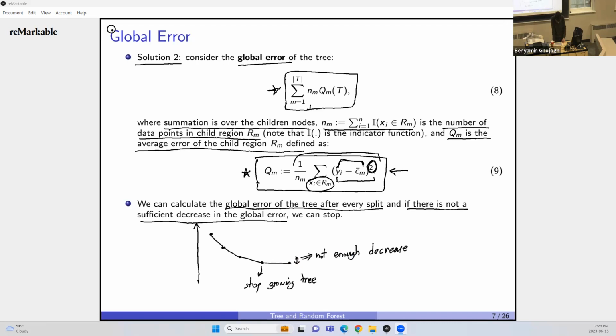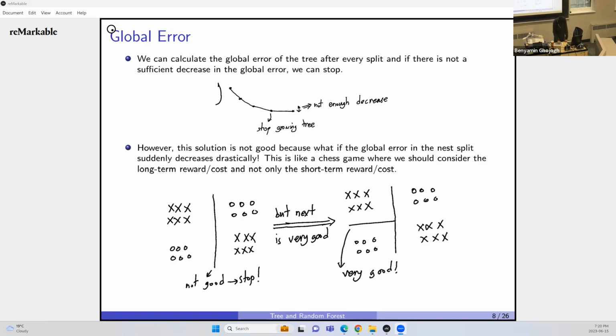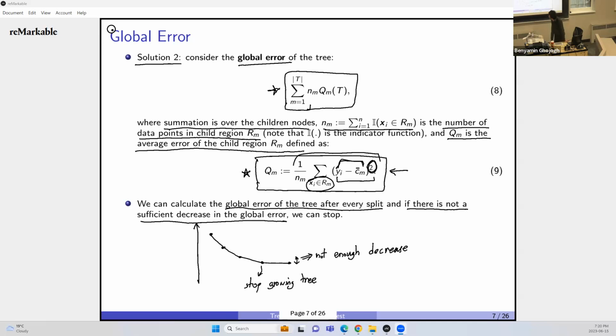That's another solution. So I'm repeating what I said, but is it a good solution or not? With this example, I will show you that it's not a good solution. Before seeing that, can you tell me why it is not a good solution? Is it wise to calculate the global error and stop whenever we don't have enough decrease in the global error? By this, what are we doing?